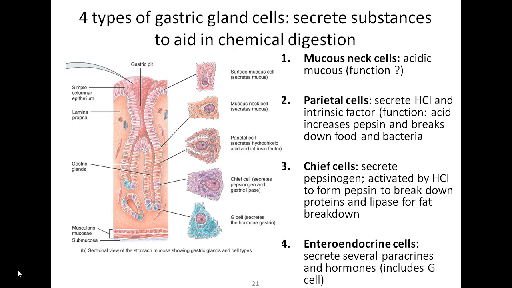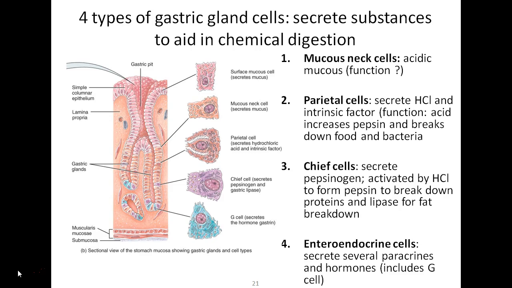That's because the stomach is a very acidic, high acidity environment. We have mucus neck cells located deep, at the base of the gastric pit, and those produce an acidic mucus. As we said earlier, parietal cells are responsible for the intrinsic factor and the hydrochloric acid they release into the lumen of the stomach.